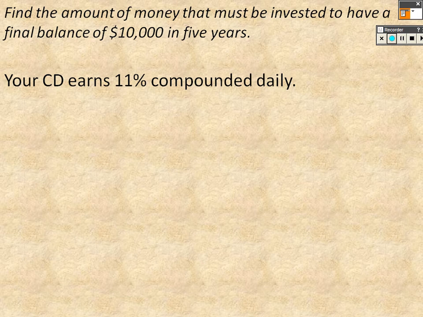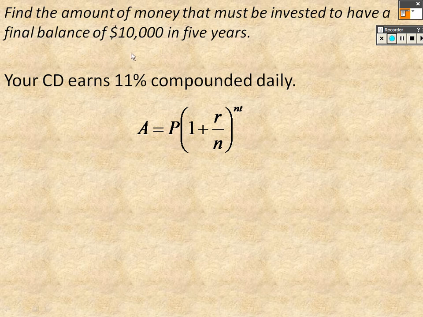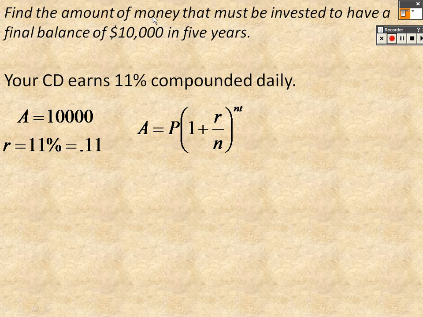Your CD earns 11% compounded daily. So find the amount of money that must be invested to have a final balance of 10,000. I want a final balance of 10,000 in 5 years. 10,000 is A, because it's what I want to get. 11% is R. 5 years, that's T, and N, it says it's compounded daily, so it's 365.